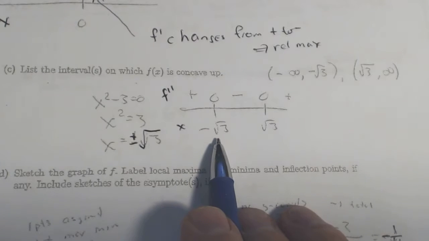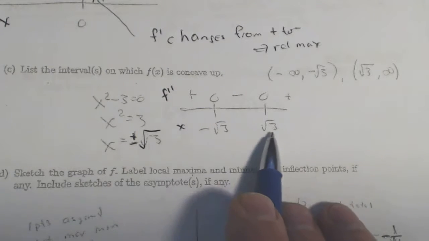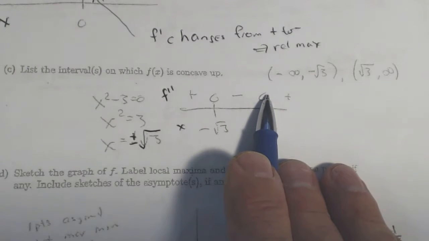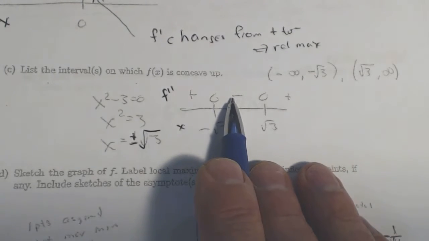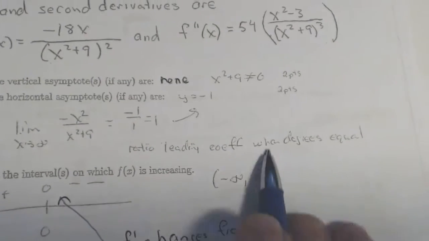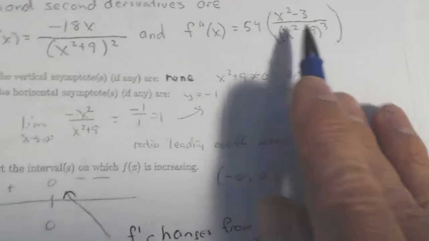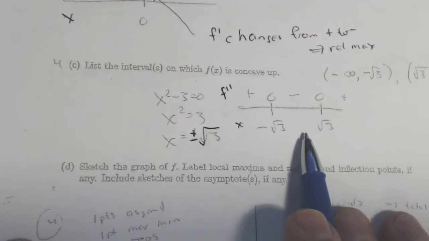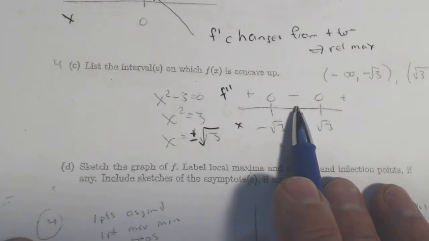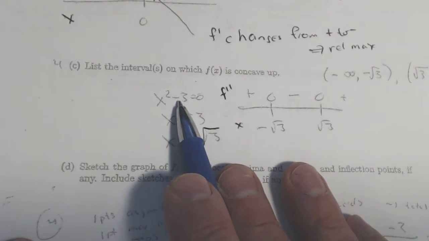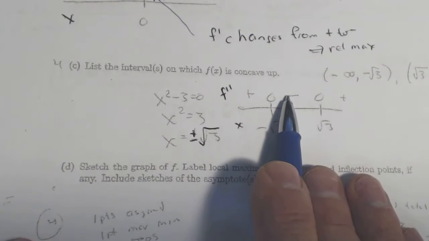So on this sign chart, I put zeros above the values that made it 0, and again, I just plug numbers in. And all I'm plugging numbers into really is just the x squared minus 3 part, because it's the only thing that makes this change signs. So if you plug a 0 in here, then x squared minus 3 would be a negative number, it'd be -3, so you get negative signs.